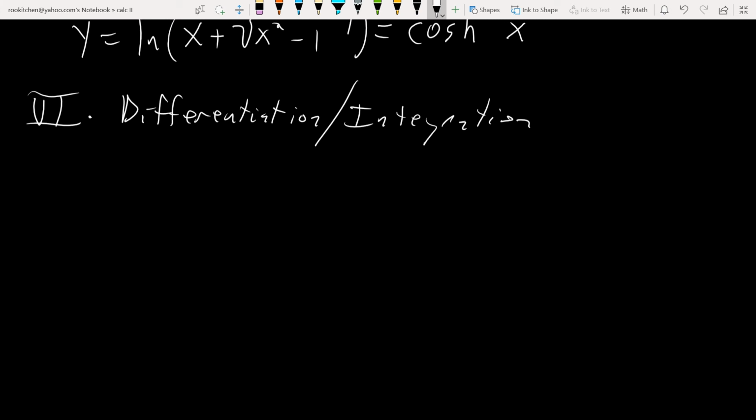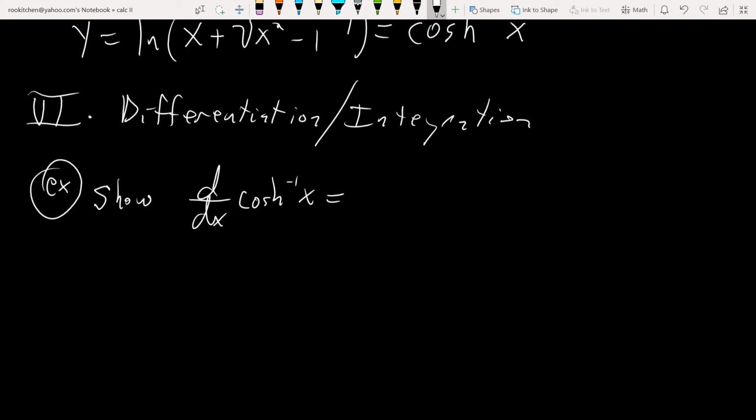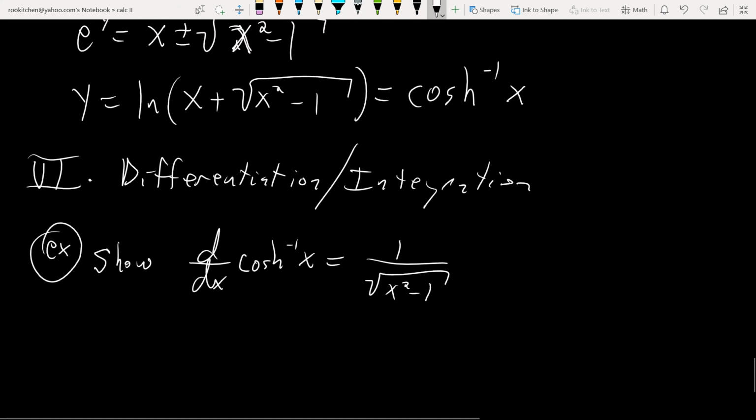So the first one I want to show is that the derivative of hyperbolic cosine inverse is equal to 1 all over the square root of x squared minus 1.